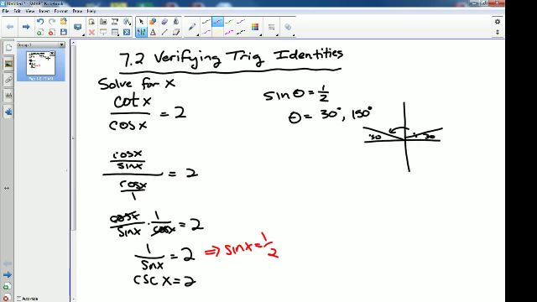Right. Which we already actually did it. That was not my intent. Right? But we already answered this question. So x would be 30. You solve simple trig equations. Or more complex than what we know. Okay.